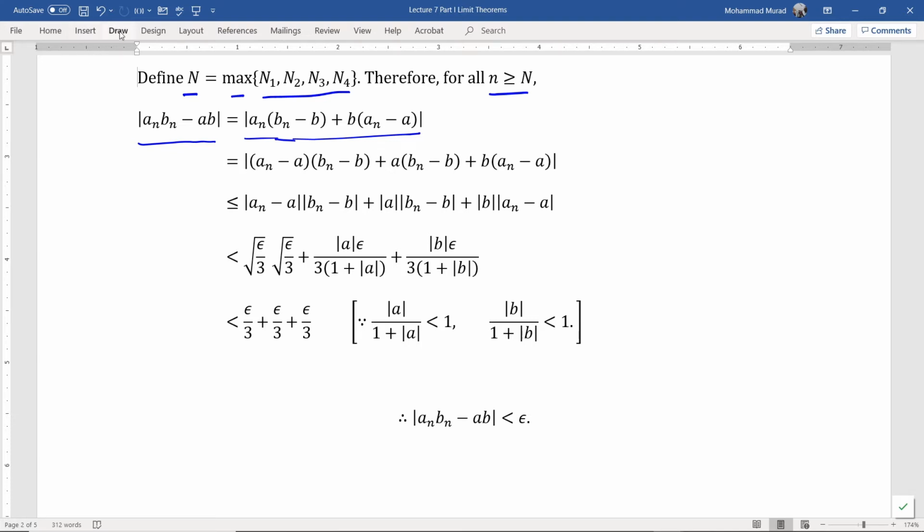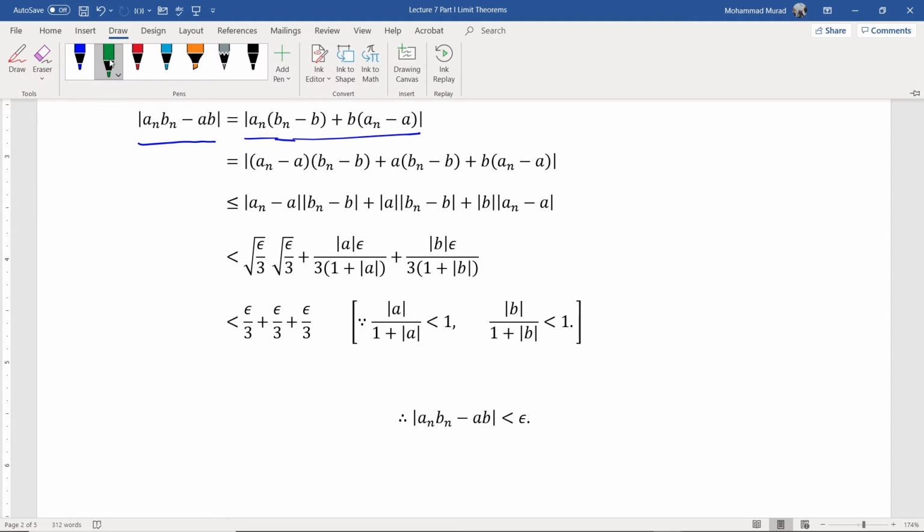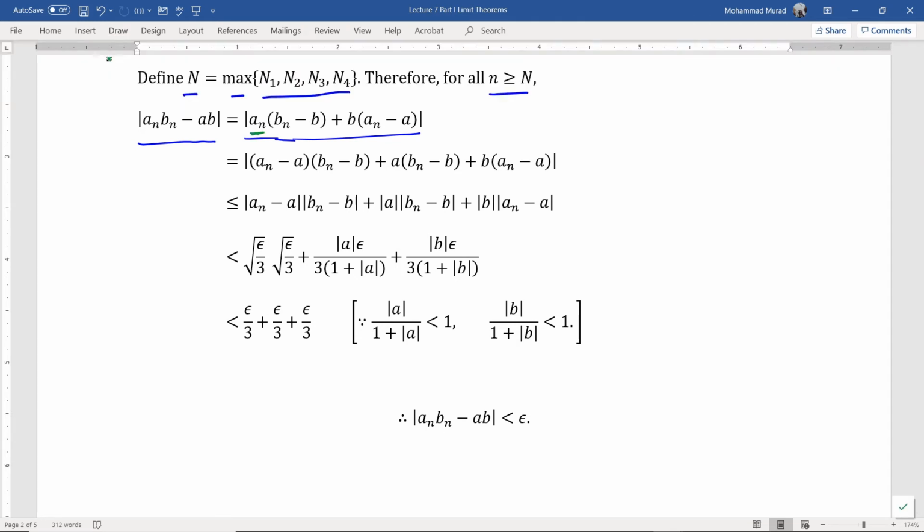Here we have introduced an extra term, a sub n times b, and we balanced that with this term b times a sub n. In the next step, we also introduced some extra terms.